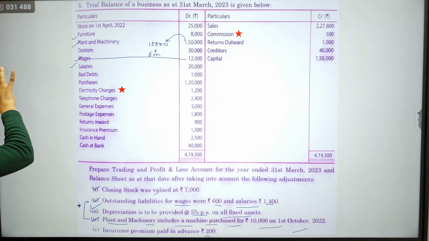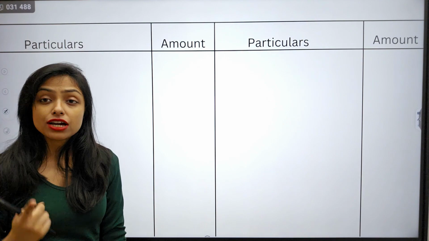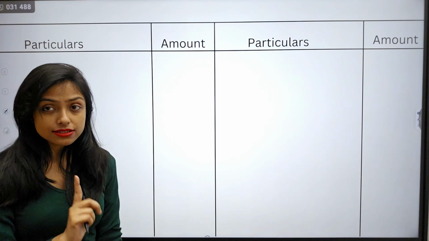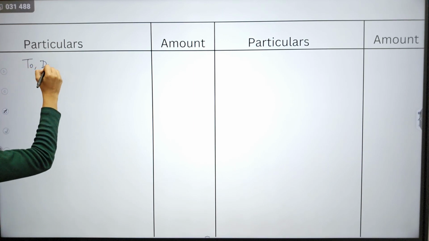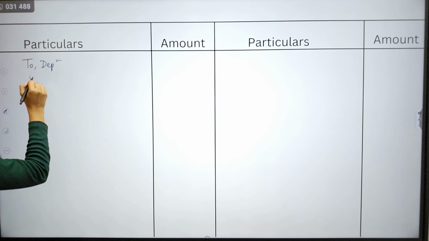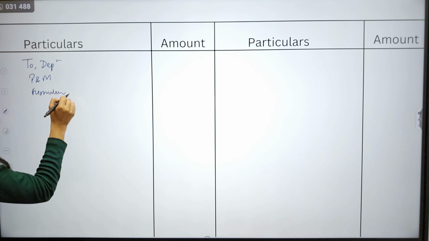Let's do it now. So two places we are going to do the adjustment of depreciation. First, we are going to write it off as an expense. Depreciation is an expense, right? So we are going to write it in our profit and loss account. On plant and machinery and on furniture, both we are going to provide the depreciation.